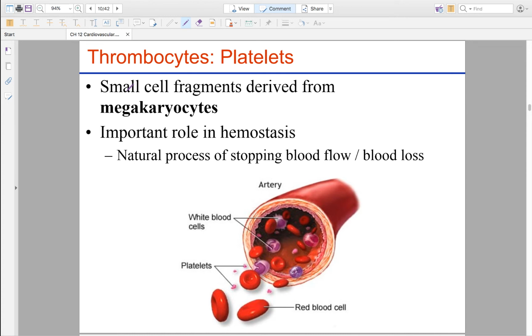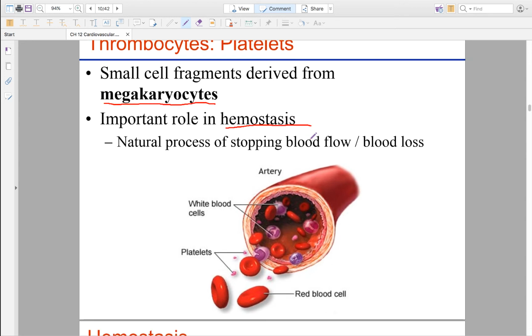They are derived from megakaryocytes, which we saw in that stem cell slide, but that's not a focal point here. The most important thing about platelets is they have a role in something called hemostasis, which is the natural process of stopping blood flow and blood loss.